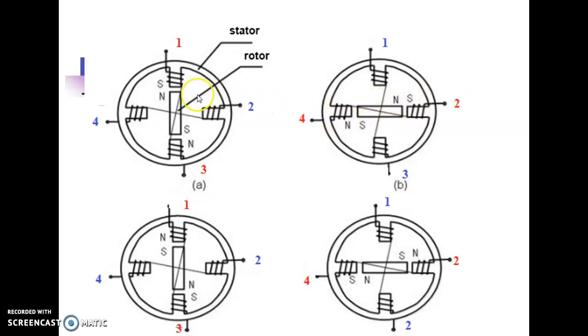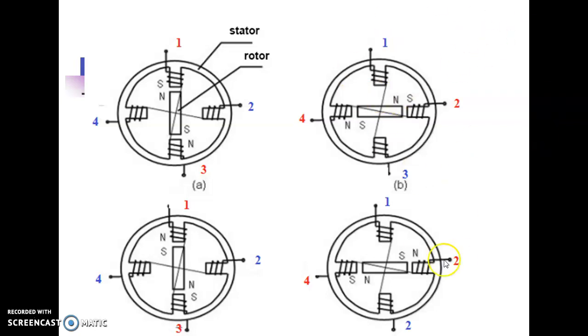This rotor's north pole gets attracted by the south, and on the other side the south gets attracted by the north. So the rotor is going to rotate 90 degrees. The step angle in this stepper motor is 90 degrees.